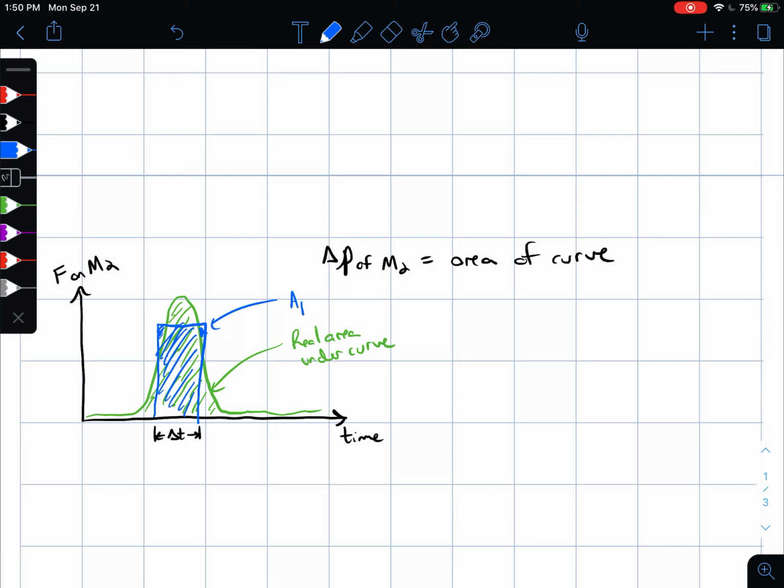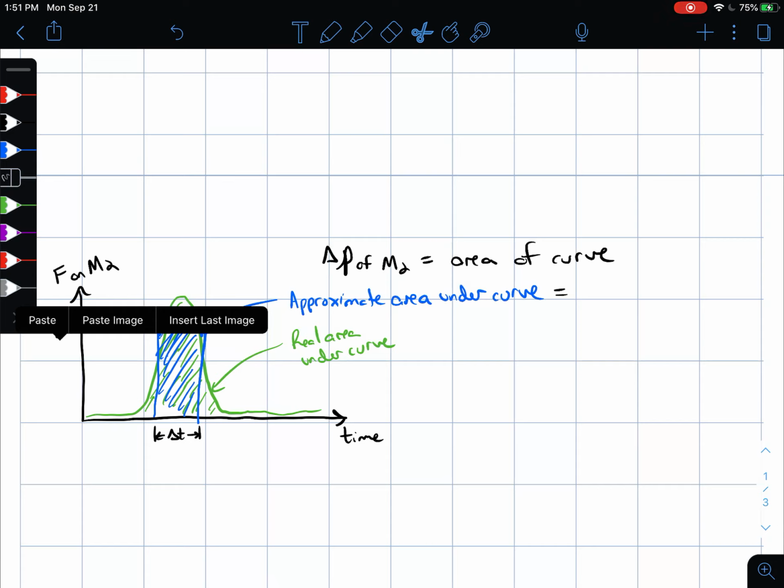This is our approximate area under the curve. All right? And this I can do pretty easily. It's whatever this value is, this F, multiplied by this amount of time, delta t. And this value, we can call it the average force on the cart during the collision.